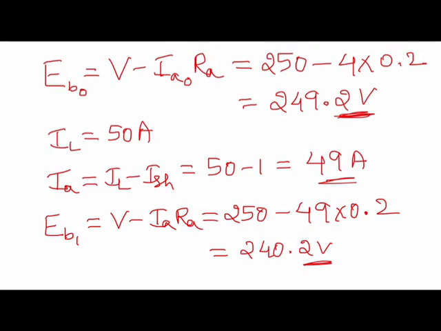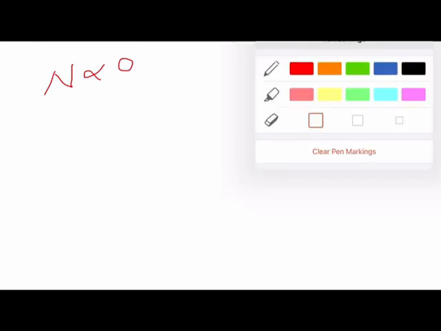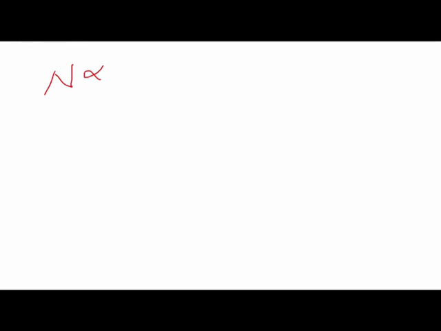Now by using this data, the back EMF at no load and the back EMF when the motor is loaded, we need to calculate the speed. We know the relationship between the speed of a DC motor, back EMF and the flux in the motor. That is, N is directly proportional to Eb by phi, the flux in the DC shunt motor.